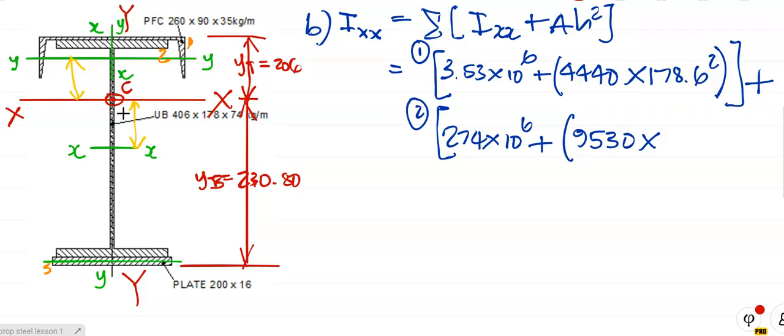Okay, and to that, I'm going to add the plate thickness there, which is 16. And from that, I'm going to take away y bottom, which is 230.8, and it is equal to 8.4 millimeters. So you can see it's very close, but it's 8.4. But I'm going to leave it red. Okay, 8.4. Close the round bracket plus the plate.